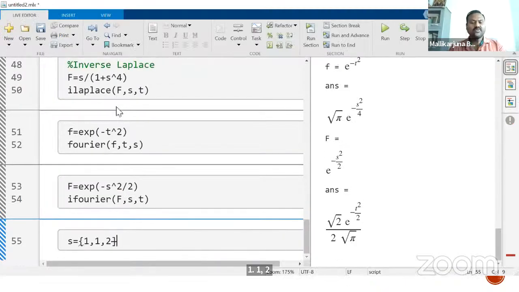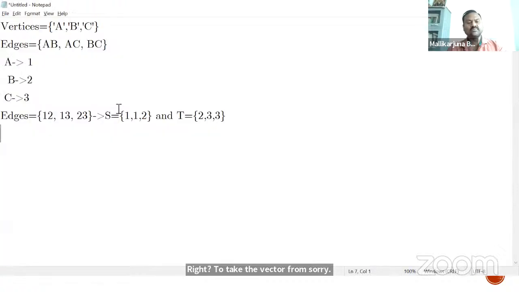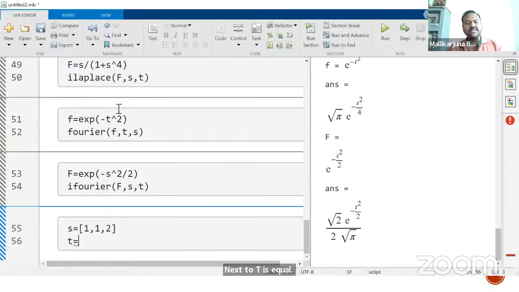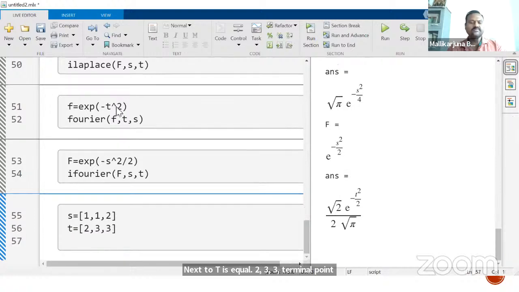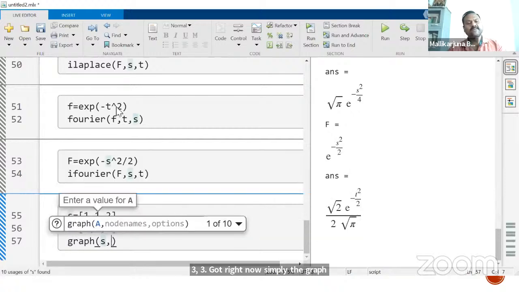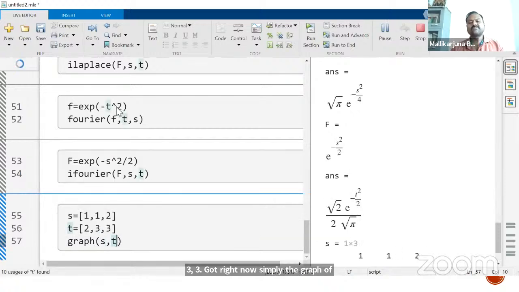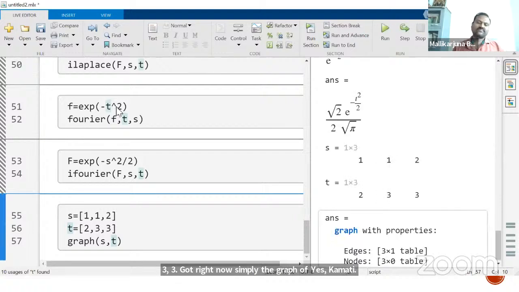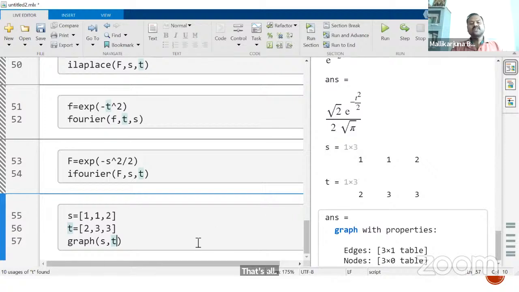Next, T is equal to 2, 3, 3, the terminal points. Got it? Now, simply the graph of S comma T.